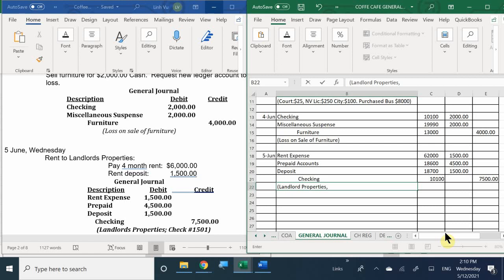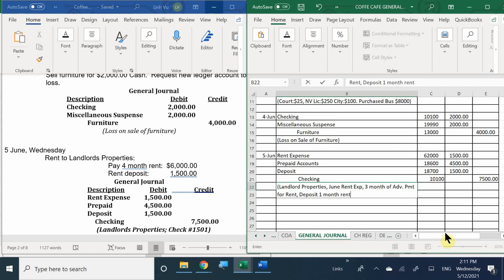If you'd like, we can go ahead and say we paid for June rent expense, comma, and then 3 months of prepaid rent or advance payment, PMT, for rent, and then your deposit is 1 month's rent.